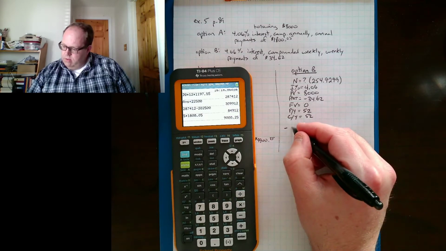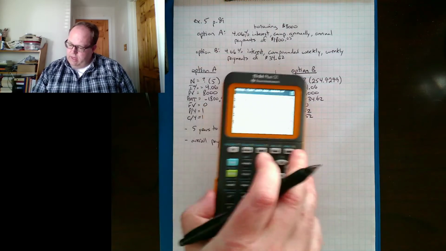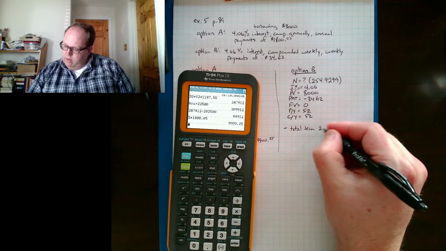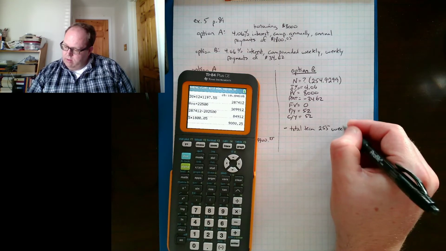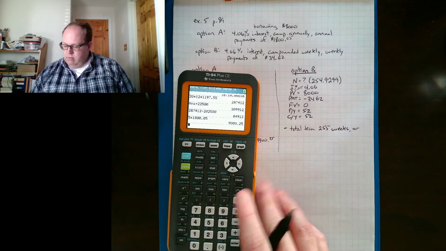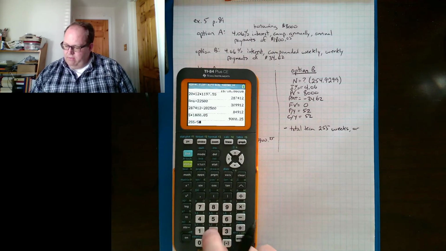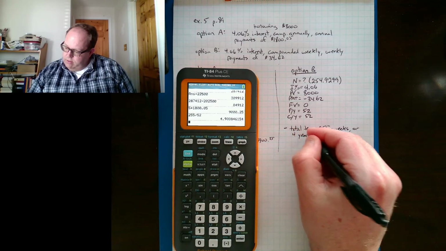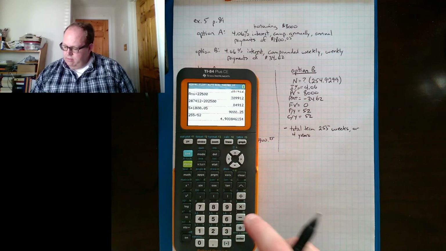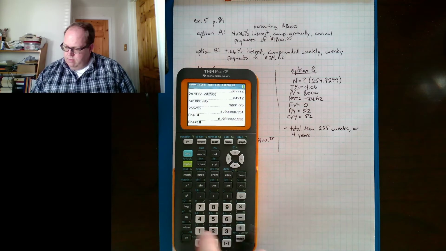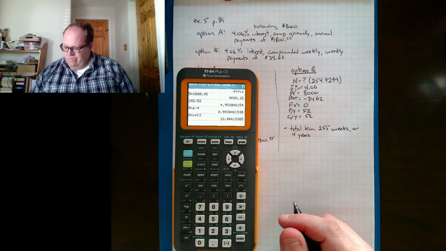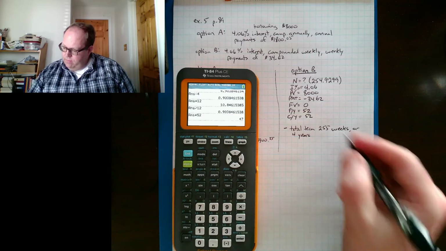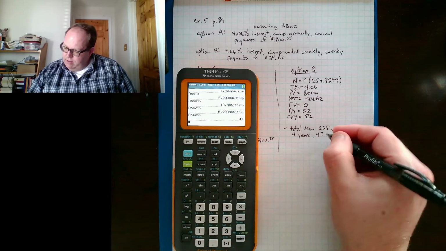So the total term is going to be 255 weeks, or 255 divided by 52, 4 years, and I stated in terms of weeks instead, 4 years, 47 weeks.